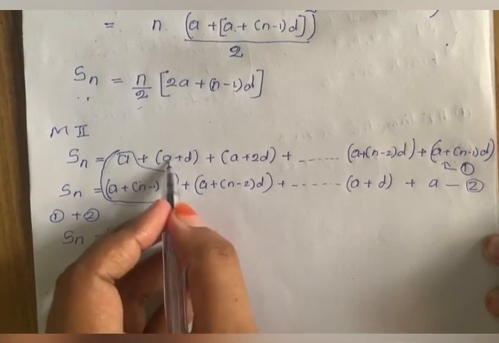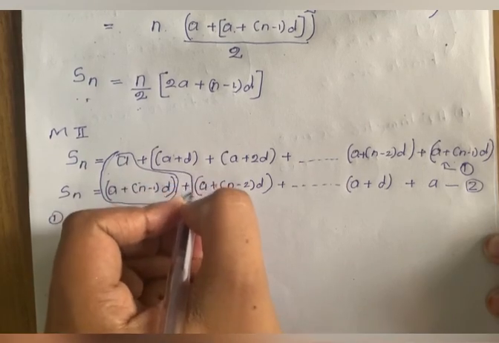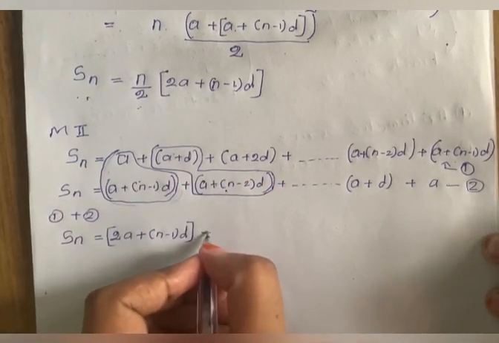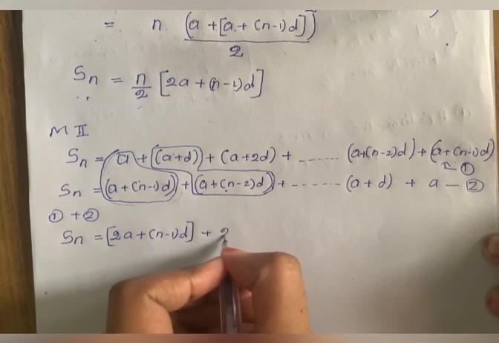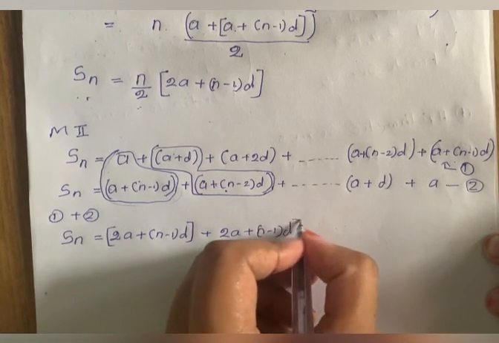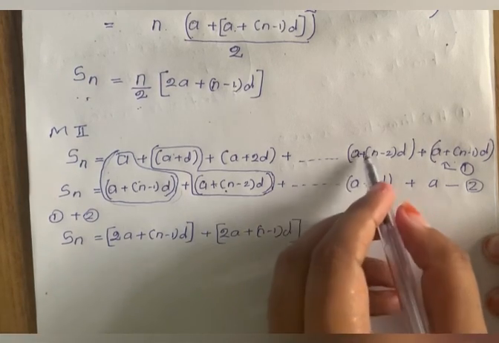If we add the second term and the second term, we get the same answer: a plus a is 2a, and n minus 2 d plus d is n minus 1 d.